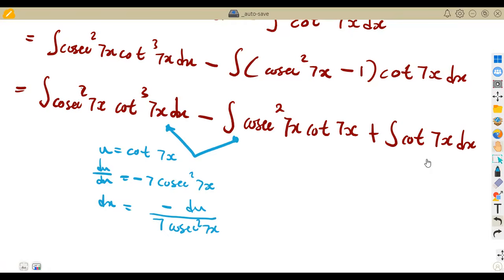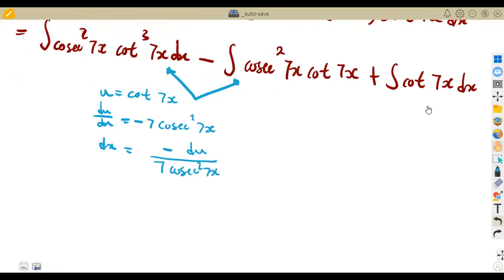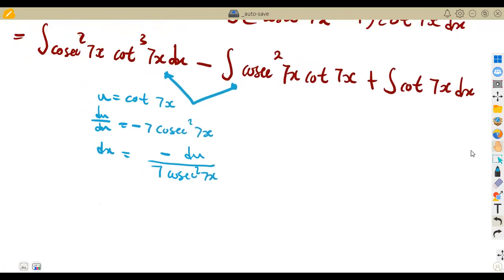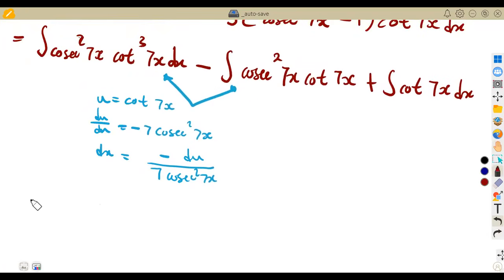Okay, so meaning to say, on your substitution, because this is the substitution method, you are going to substitute back this part. So instead, guys, of substituting back stage by stage, you see that this is -1 over 7. So -1 over 7 is going to multiply out of the integral, -1 over 7 the integral of cosec squared.